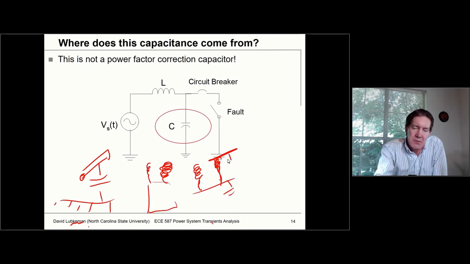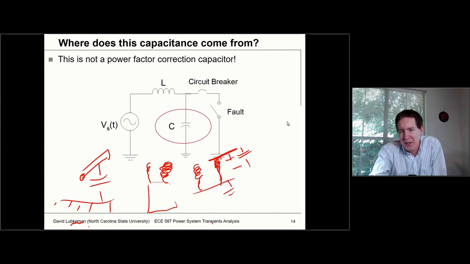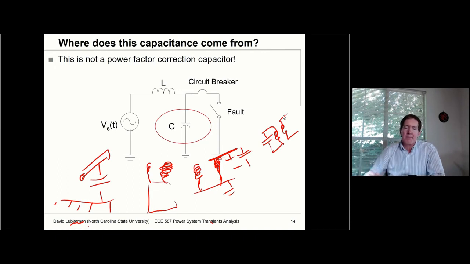Basically there's going to be some equivalent capacitance across these bushings. If I have a transformer connected up, these transformers have equivalent capacitance in the windings, and so a lot of different elements have just some small amount of capacitance associated with them.